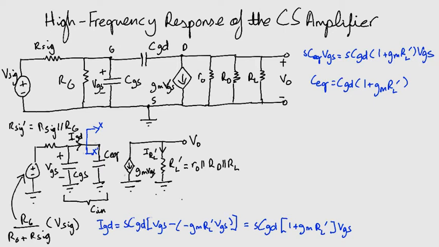We have also introduced a new quantity Cin, which is simply the sum of the capacitances CGS and C equivalent. Remember that when capacitances are connected in parallel, the effective capacitance, which is found by shorting this first, is simply the sum of the two capacitances connected in parallel. So Cin is basically C equivalent plus CGS.